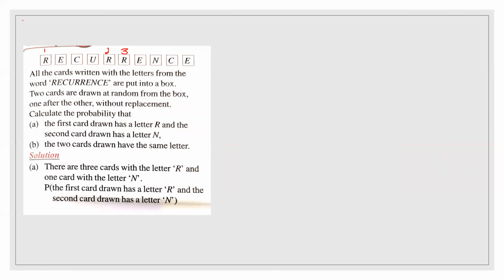So R is 3/10, right? And N, there is only 1 N over here, so N is 1/10.